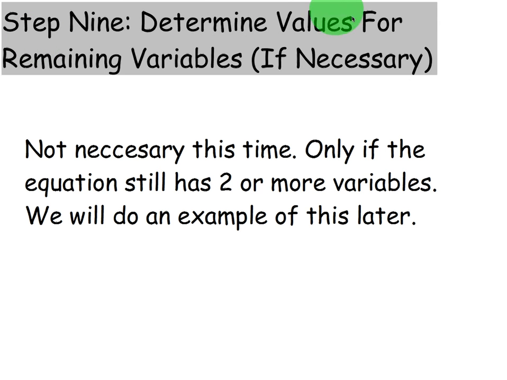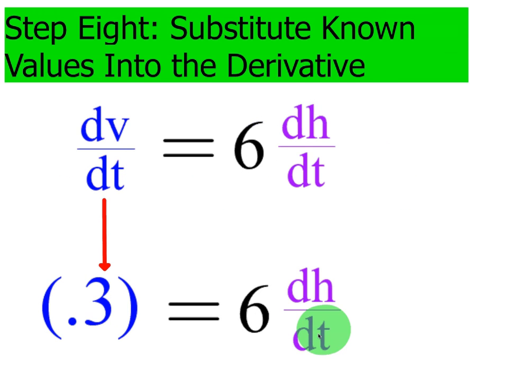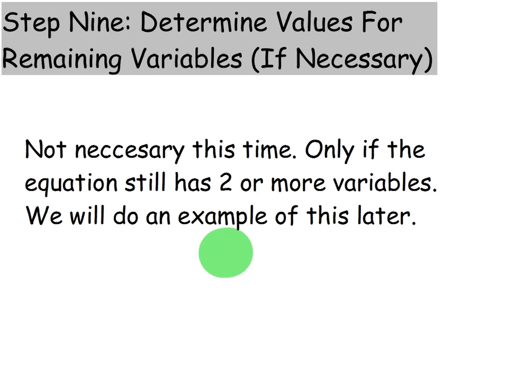For step 9, you're going to determine the values for remaining variables. It's only necessary if the equation still has 2 or more variables. This one already has 1, so we don't need to do step 9. I'm just going to check this one off and move on to example 2.